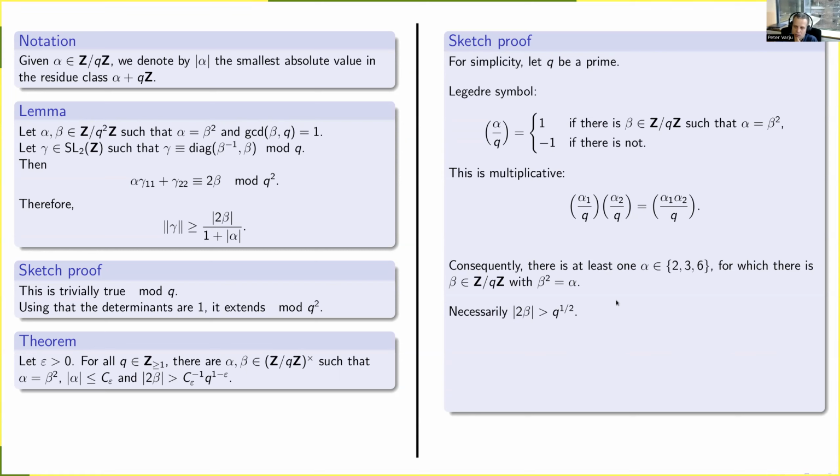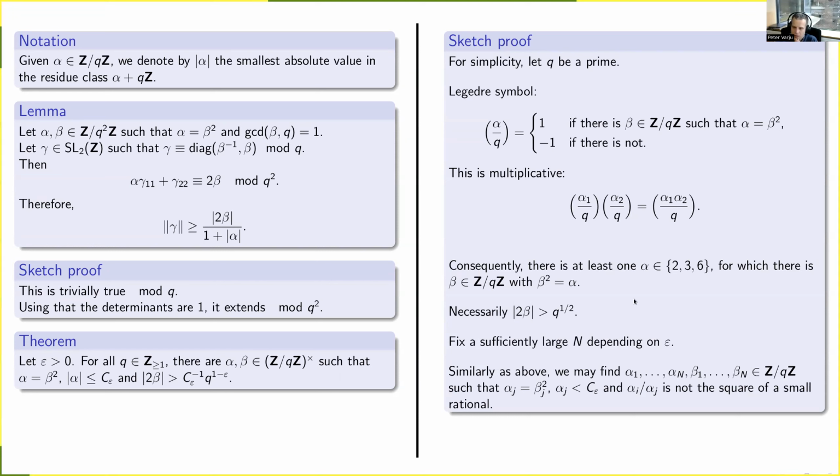Okay, so we need to do something more to improve on 1/2, because we want to get to 1 minus epsilon. And what we are going to do is that we are going to use many alphas. So I fix a number capital N, which is going to be chosen sufficiently large depending on epsilon.